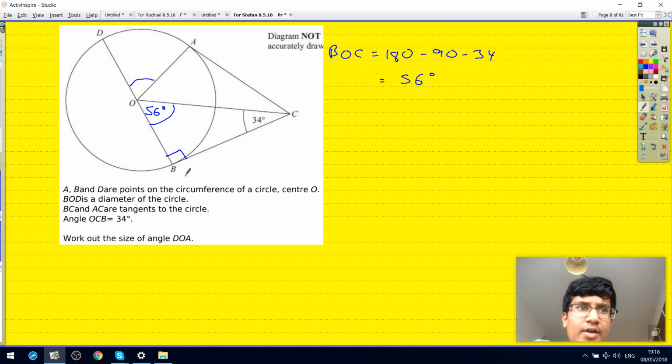So if this angle is 56, this is a tangent, this is a tangent, so that angle ACO would also be 56. Sorry, which one? ACO, is that one? That's ACO. Yeah, that one. Oh, is it not 50? That one's 34. 40, okay.